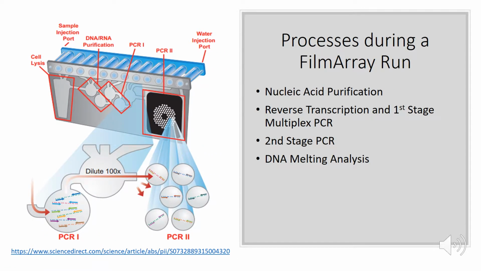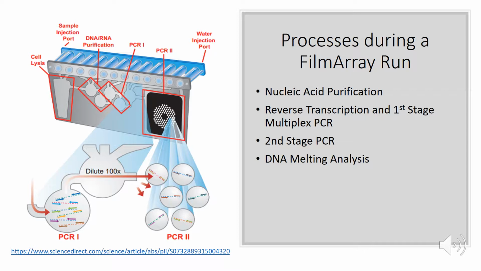This slide explains the processes that take place inside a GI pouch while being tested on the FilmArray Torch instrument. This process begins with nucleic acid purification. The nucleic acids are purified by lysing the sample with bead beating.